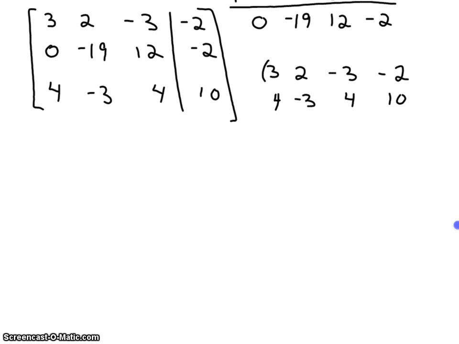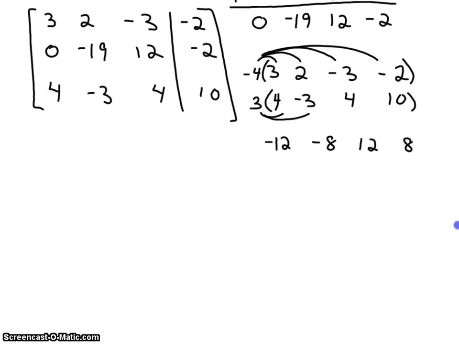Okay, so what I'm going to do is I have to multiply both of these. I'm going to multiply this first one by -4 and the second one by 3. Now as a result, I get -12, -8, +12, +8. I just distributed the -4.